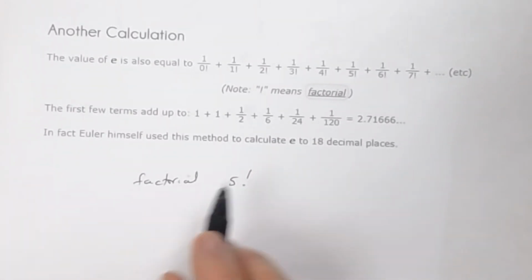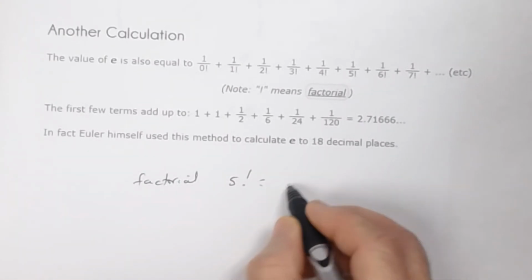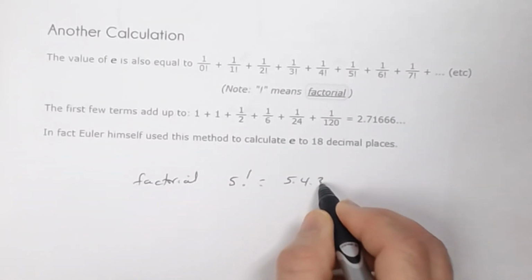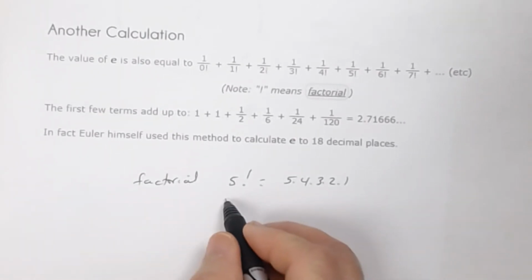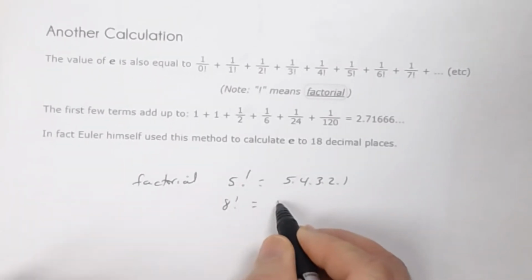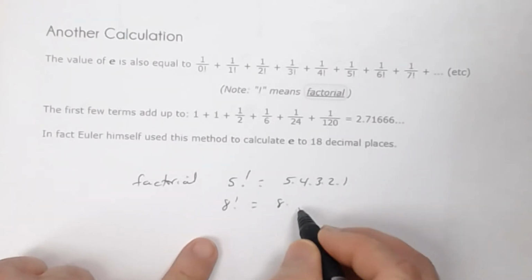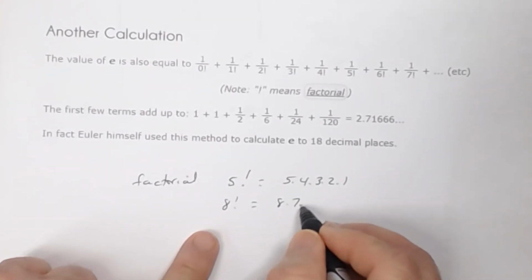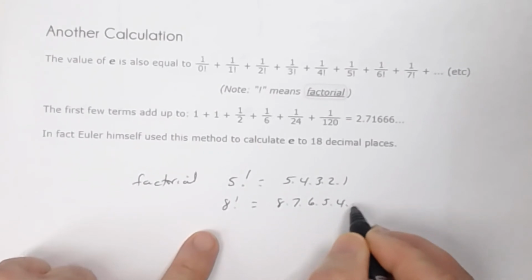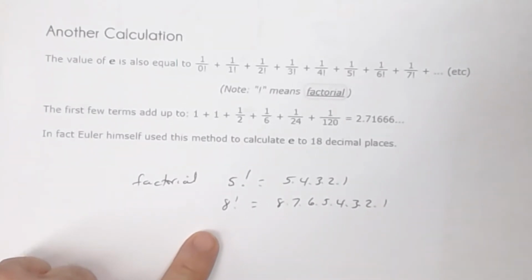And 5 factorial, remember, means 5 times 4 times 3 times 2 times 1. Just like 8 factorial means I start with 8 and I go all the way down to 1, and I multiply all those whole numbers down to 1. So 8 times 7 times 6 times 5 times 4 times 3 times 2 times 1.